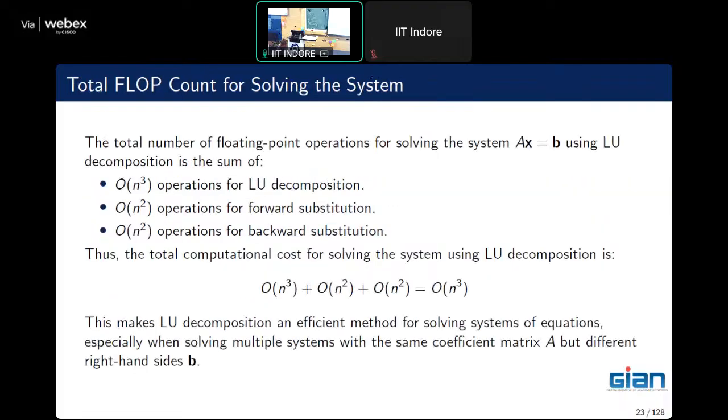So now, as I told you, you got n cube flops for getting the LU decomposition, n square and n square, and total n cube flops, which is very large.